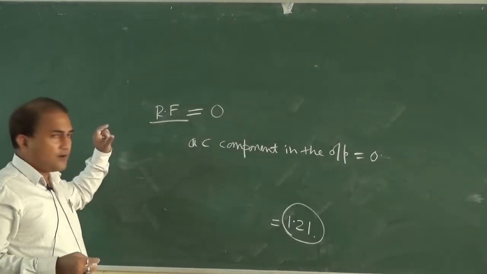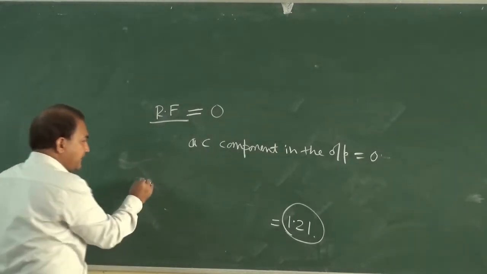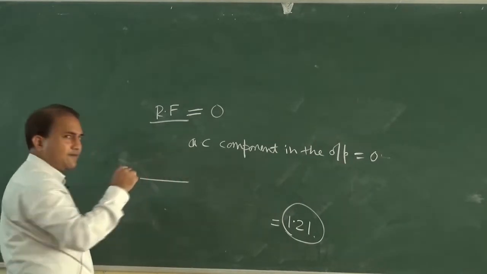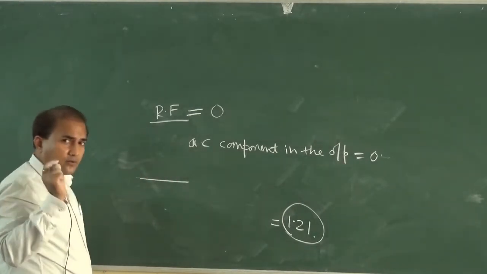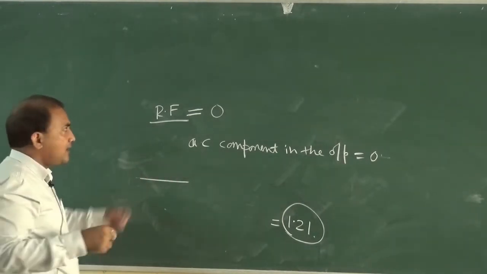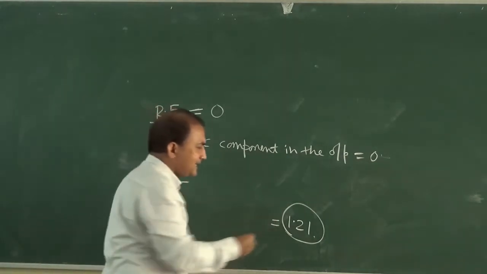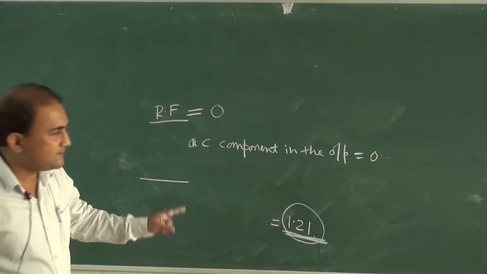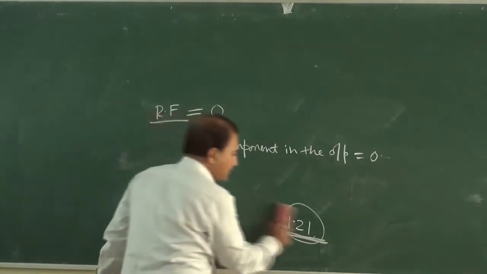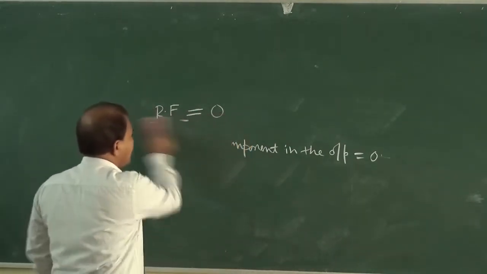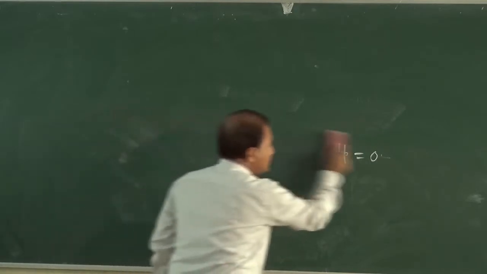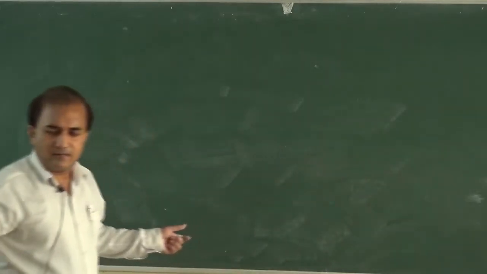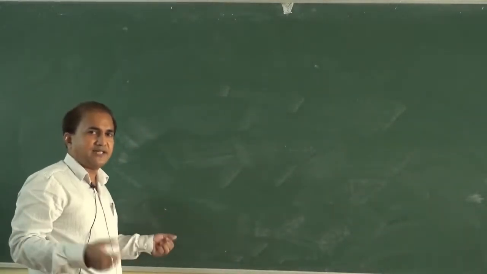So for a complete DC signal, ripple factor will always be equal to 0. Now in case of a half wave rectifier circuit, ripple factor is equal to 1.21. This is very high, so the half wave rectifier circuit is generally not used for practical rectification.